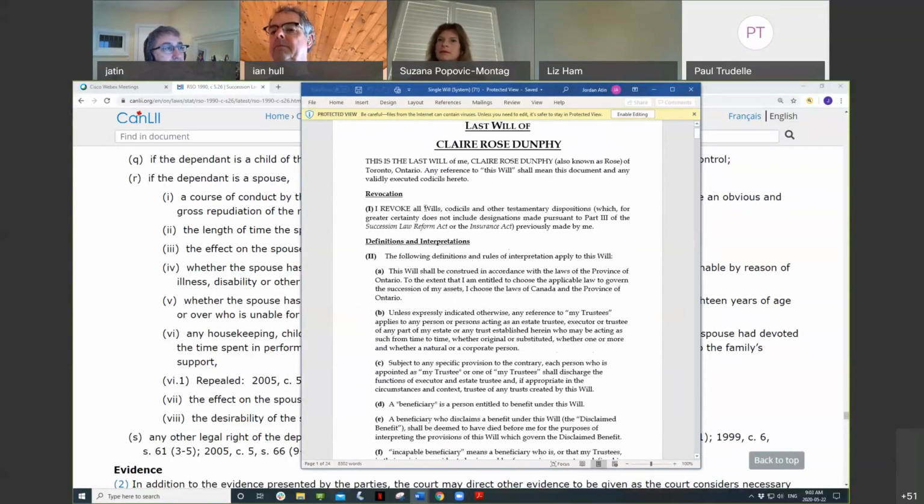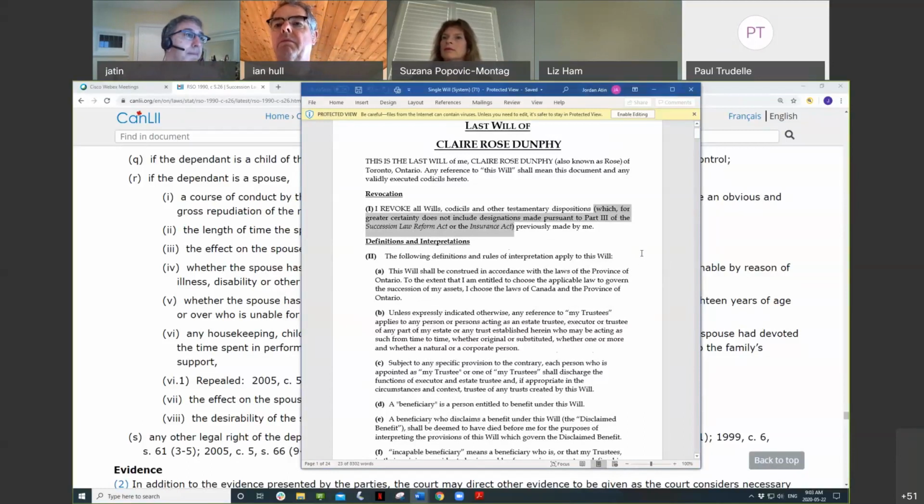There's a modest amount of debate about whether you need to refer to codicils and other testamentary dispositions, or what kind of restrictions you put in. I think that some of the older precedents might just say, for example, would exclude this provision, which is not crucial, but there are cases out there that talk about a general revocation clause that would revoke beneficiary designations.